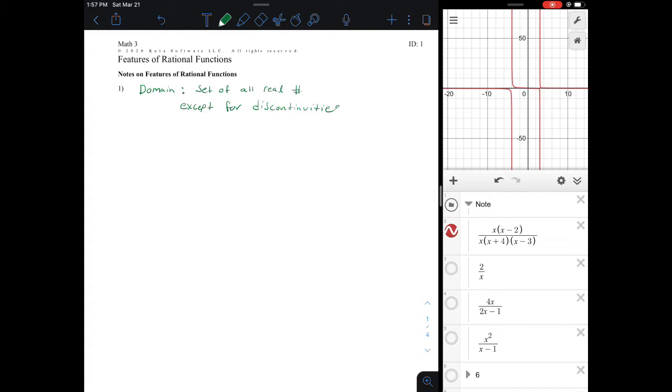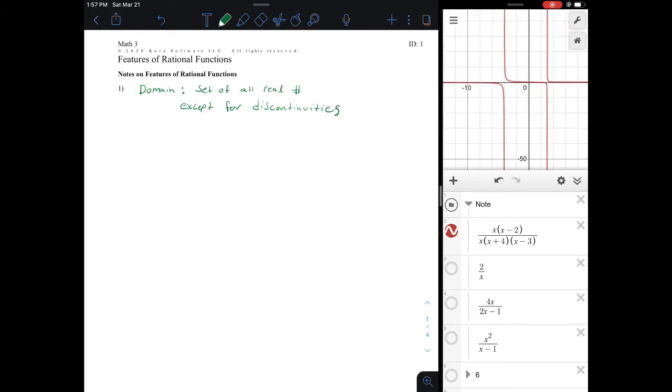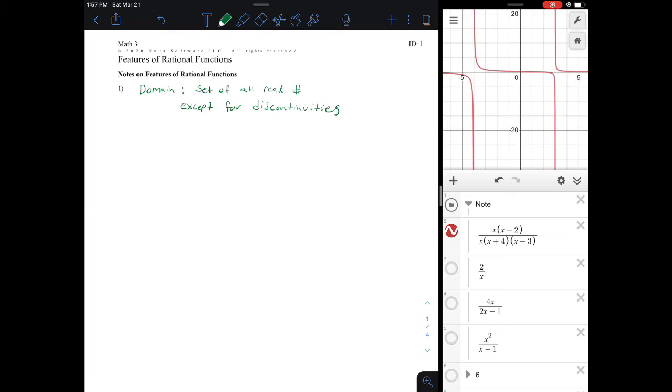Now, discontinuities themselves, if I'm looking at a graph, are going to be breaks in the graph, but here's the thing: you don't always see your discontinuities. If I'm looking at this function, I see two discontinuities. I see a break at what looks to be at -4, and I see a break at the x value of 3.